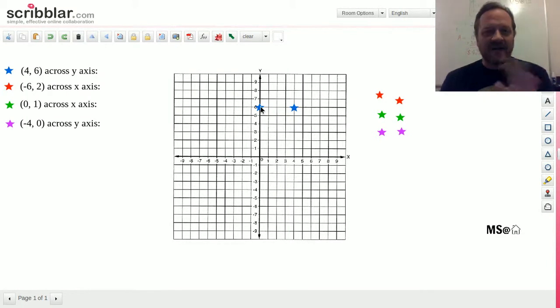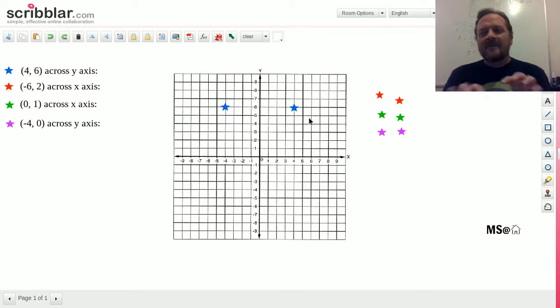I'm not going to change the x or the y value at all. I'm going to keep it at 6, but I'm going to keep going 4 spaces on the other side of the y-axis. This is what we call a reflection. Okay. Notice that the original point is at positive 4 and the new point is at negative 4. Opposites, right? We know that.